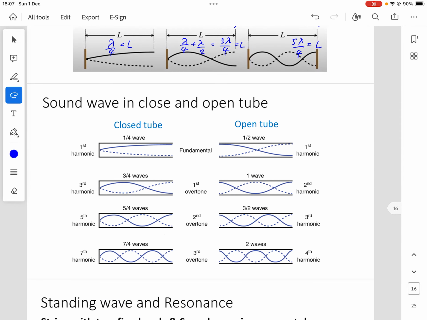Let's say we have a sound wave, and there are two cases in which you can get the resonance of the sound wave in the tube.